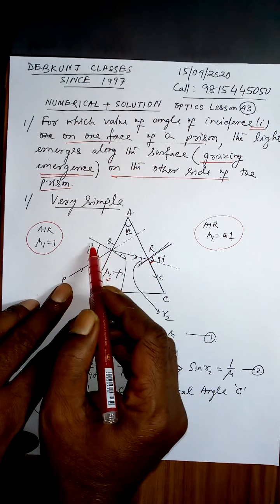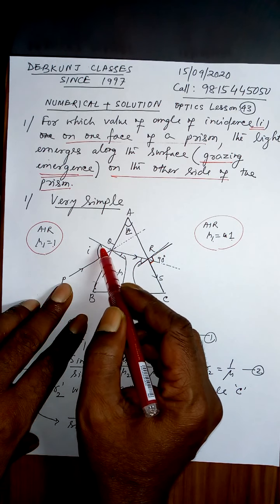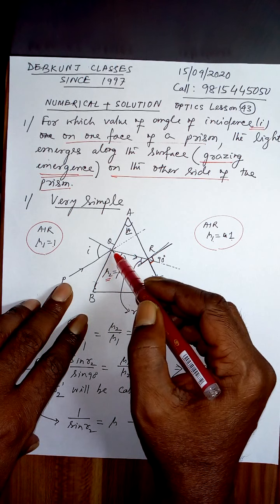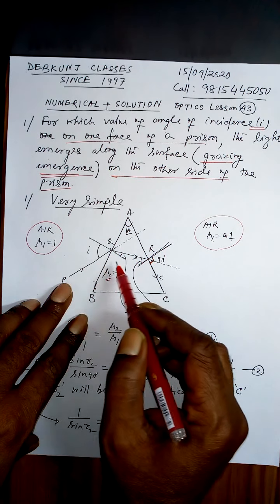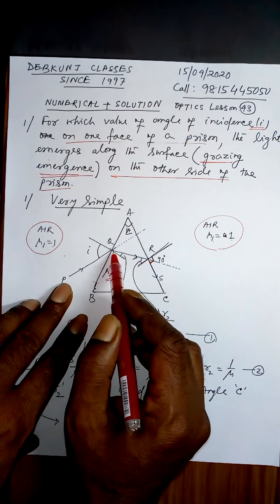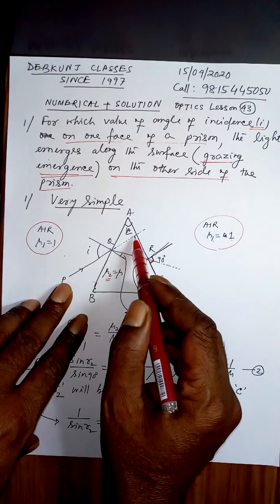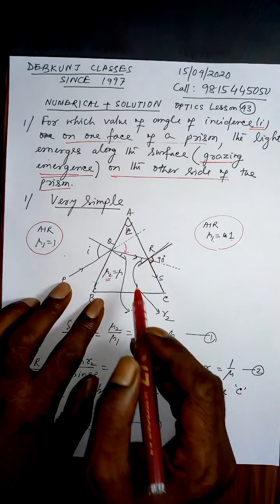At point Q, this is the normal, so this is your angle of incidence in the rarer medium. This ray PQ was supposed to travel along this dotted line. Going from rarer medium to denser medium, the ray bends towards the normal from the original direction.